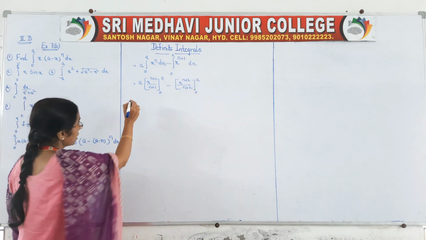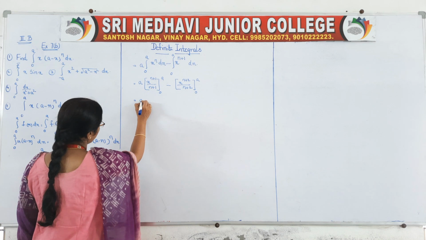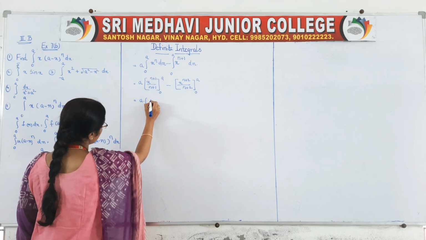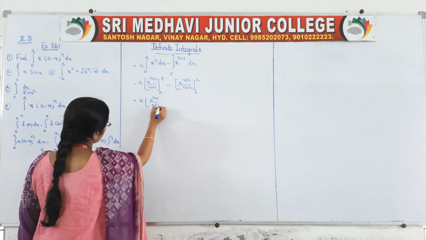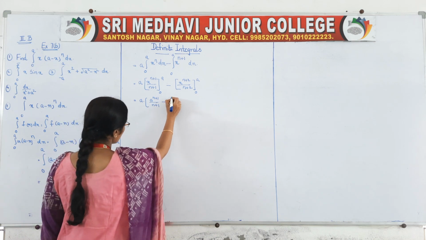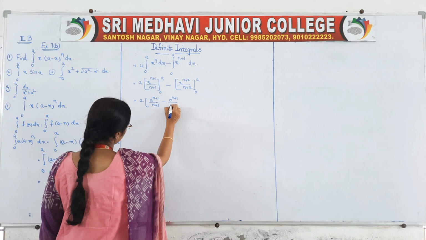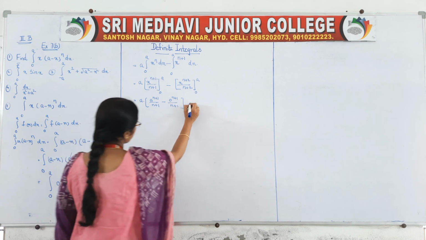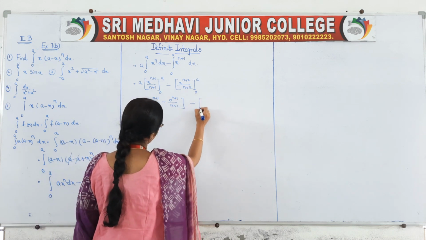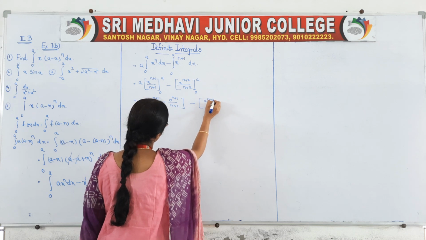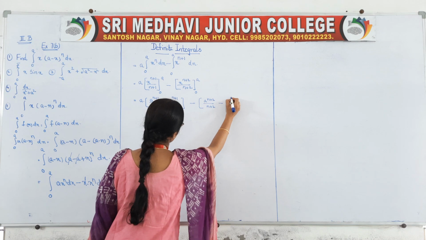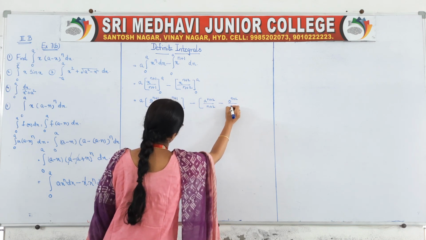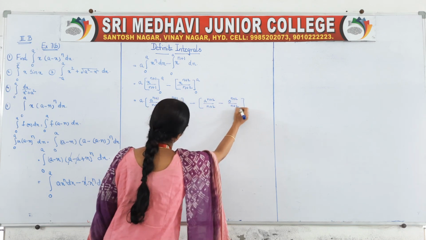So we can write a into the upper limit: a to the power of n plus 1 by n plus 1 minus 0 to the power of n plus 1 by n plus 1. Similarly, for this also, a to the power of n plus 2 by n plus 2 minus 0 to the power of n plus 2 by n plus 2.